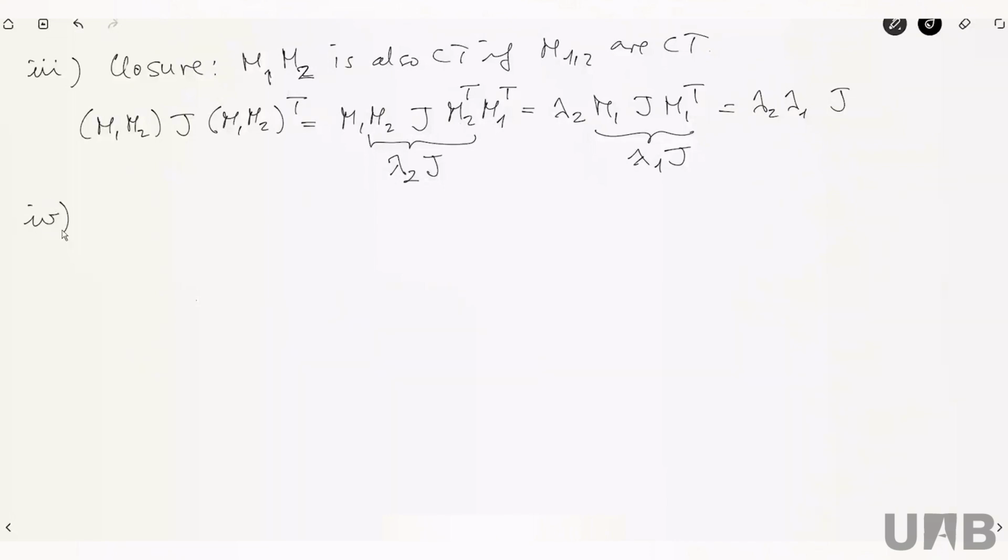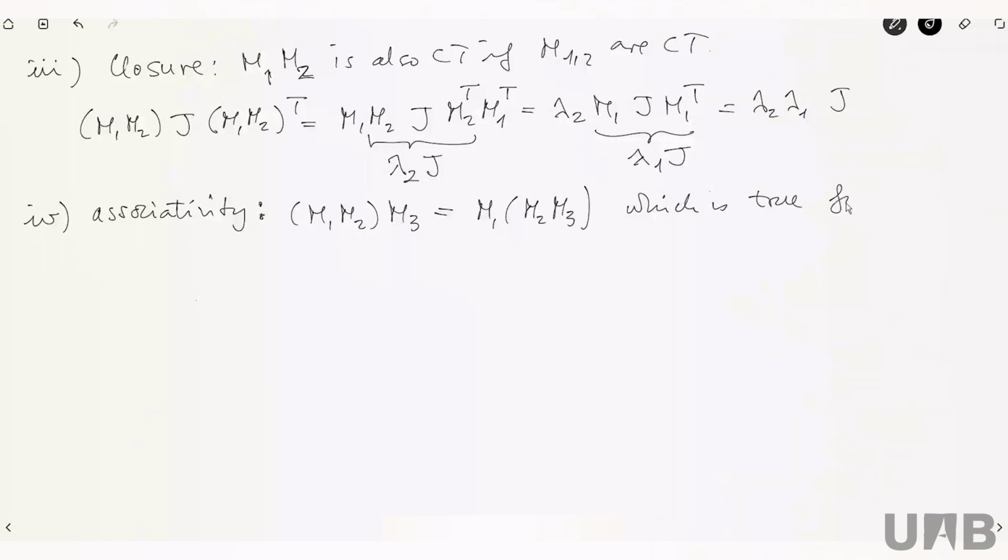And now the fourth property is associativity. But this is completely automatic because it just says that M1 M2 times M3 is the same as M1 times M2 M3, which is always true for matrices.